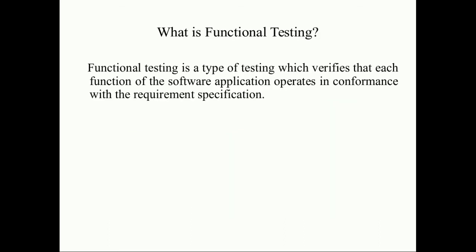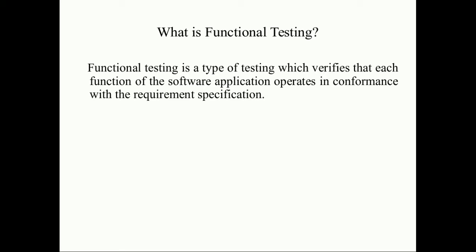Now we look at what is functional testing. Functional testing is a type of testing which verifies that each function of the software application operates in conformance with the requirement specifications. So this is the definition of functional testing. This testing mainly involves black box testing, and it is not concerned about the source code of the application.